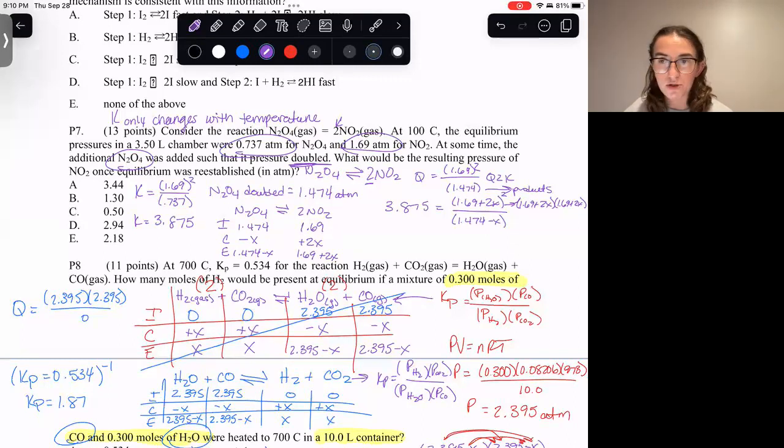You can cross multiply and distribute the 3.875 to the 1.474 and the minus x. You can combine your like terms and get an x squared, a b with an x, and then a c value equal to 0, and you can plug it into the quadratic formula. You cannot use your assumption here because we do have a greater than 1 K.